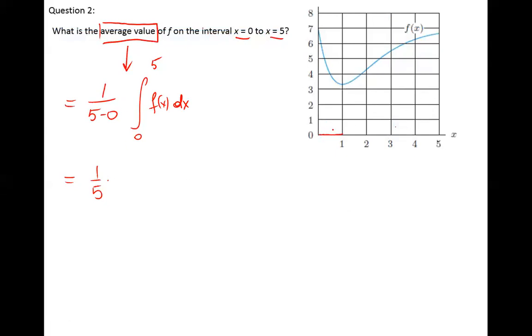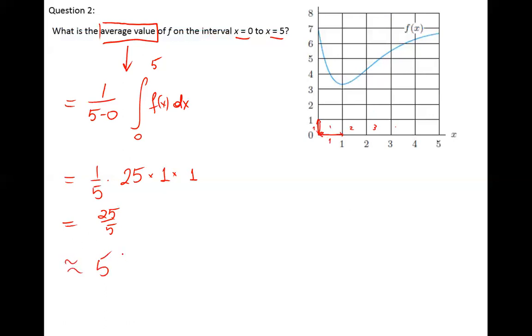Again, each square is 1 by 1. That means at least we have to just count them together. Okay, 1, 2. Do you have 25? Okay, I can say 25, and I can say 1 by 1. That means it's just 25 over 5. That's actually a nice number, 5.